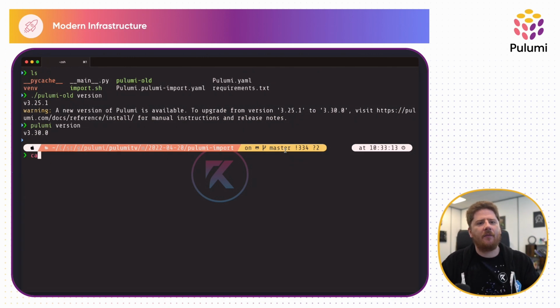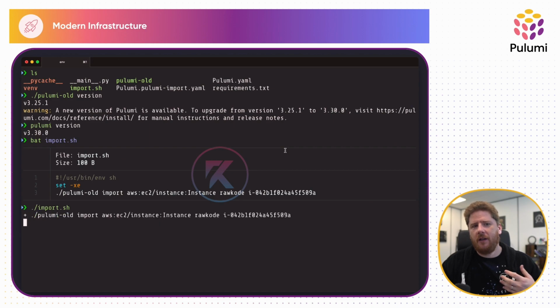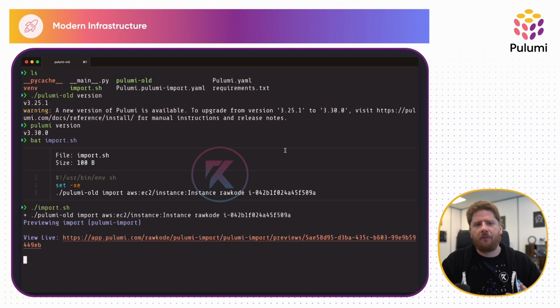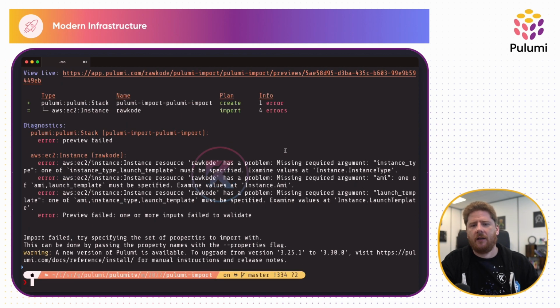Now, I have a small script called import.sh, which just uses the Pulumi old command to import this instance. Some random, generic, arbitrary EC2 instance. I don't even remember what base image I set. Not really important. What is important is that if we run the import.sh command, the Pulumi program is going to go fetch some information from AWS and try to bring this into our stack. However, it's going to fail.